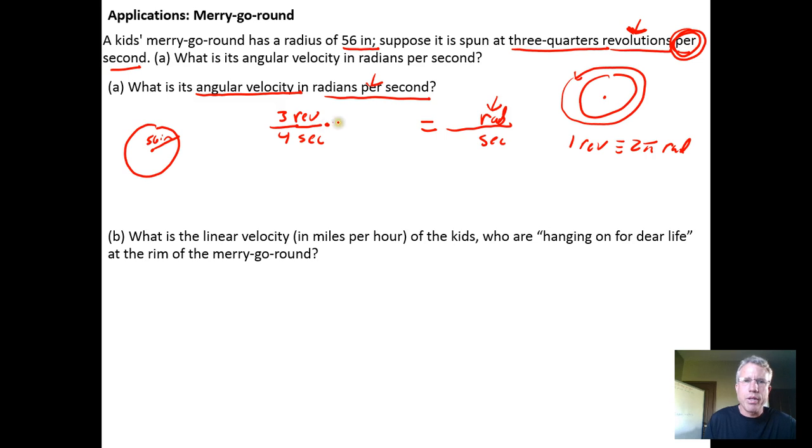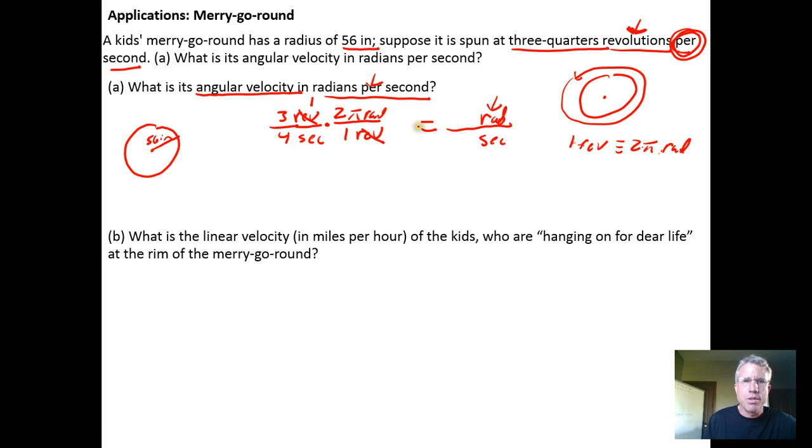So I'm going to put 2 pi radians in the numerator position, which is where it needs to be in the answer, and I'm going to use this relationship between radians and revolutions: 2 pi radians per 1 revolution. Revolutions divided by revolutions is 1, so revolutions have canceled out using dimensional or unit analysis, leaving us with a measure that's in radians per second.